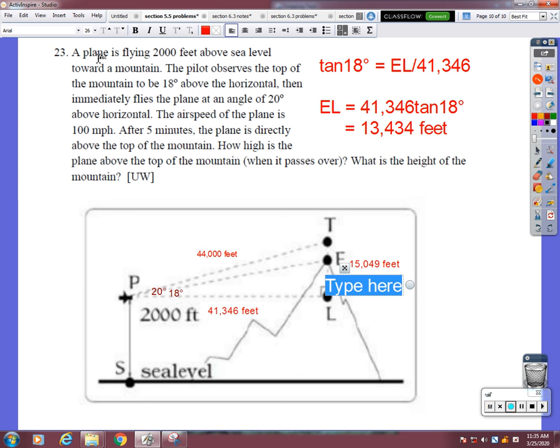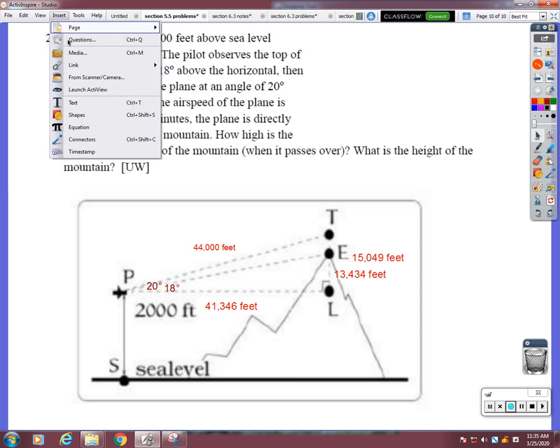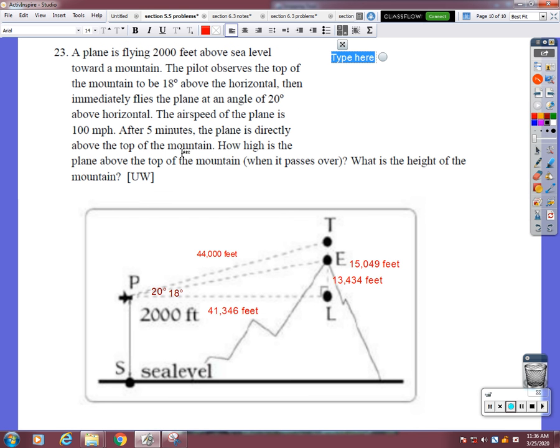So that is just that little tiny piece right there between E and L, 13,434 feet. Okay, so once again, done with these calculations, so let's trash them. Now we can answer the questions that we're being asked. First of all, how high is the plane above the top of the mountain?